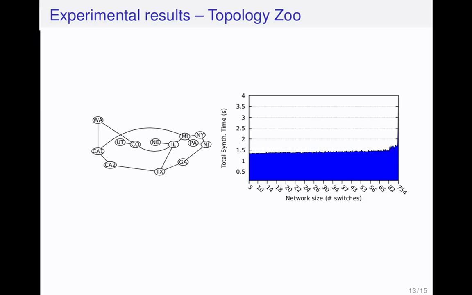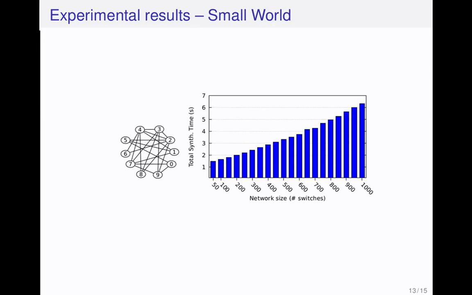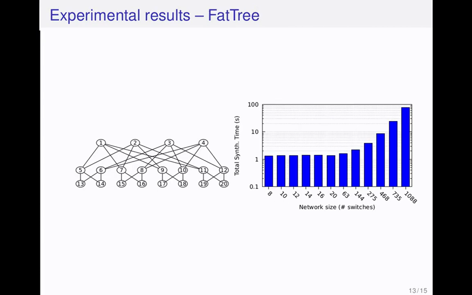For the topology zoo set, we had networks up to size 750, and the total runtime was less than 4 seconds. We also generated highly connected random graphs, scaled up to 1,000 nodes, and the total runtime was less than 7 seconds. And then we generated large fat tree topologies, which are commonly used in real data centers, and this scaled up to over 1,000 switches in less than 100 seconds.